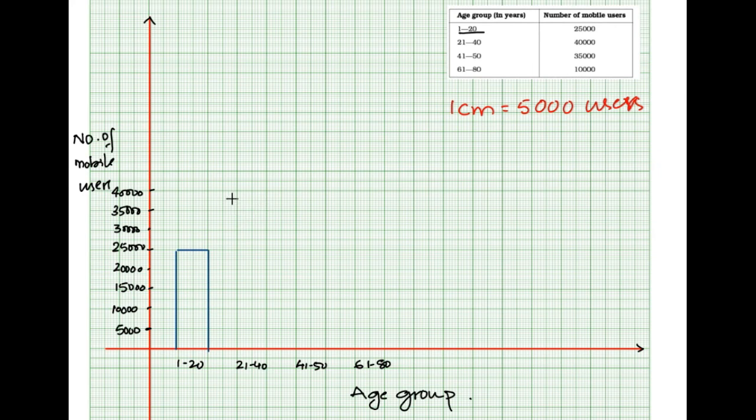The next rectangular box must be at 40,000, that is for the age group 21 to 40, and the next one is 35,000. 35,000 is for the age group 41 to 50, and the next one is 10,000. It is for the age group 61 to 80. So this is how we represent the data using a bar graph.